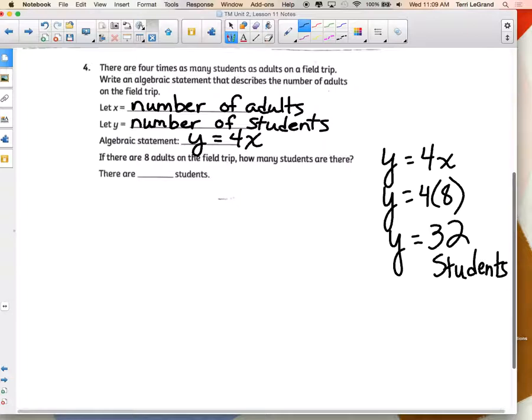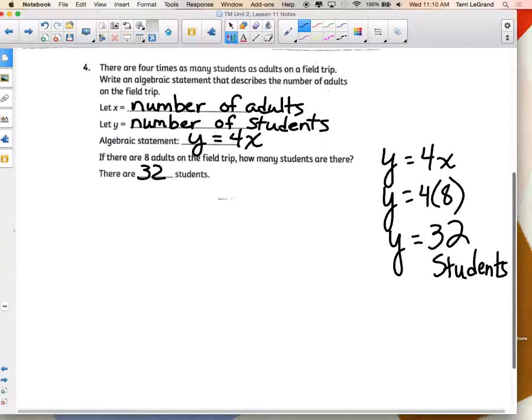We can go with it. And we'll fill in the blank. We'll say there are 32 students.